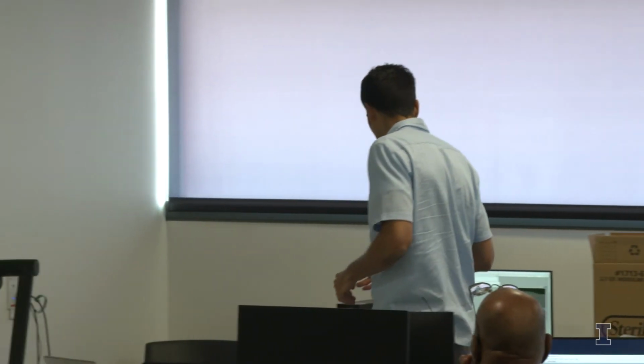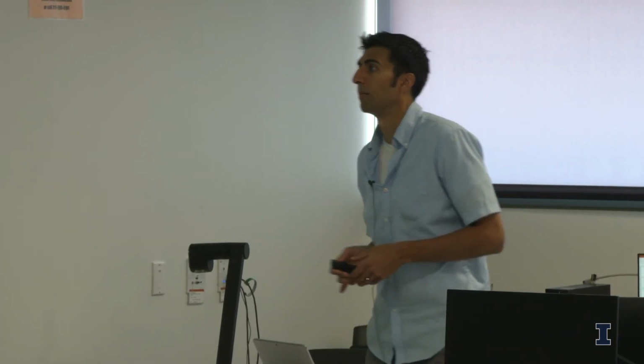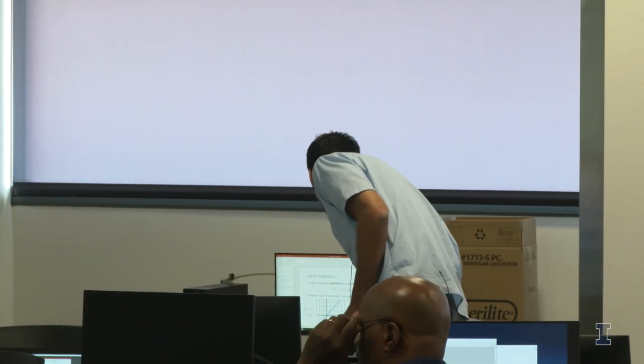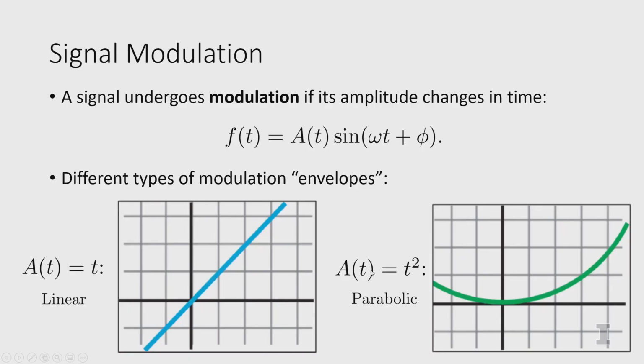So one more concept in this introduction is the idea of modulation. This is just a conceptual thing. Let's go back to our standard form of the signal with the function f of t. What modulation means is that you allow the amplitude to also be a time-dependent function.